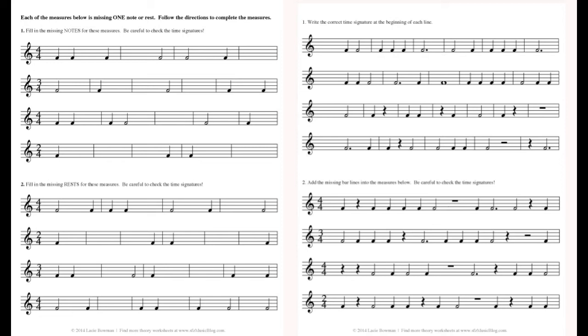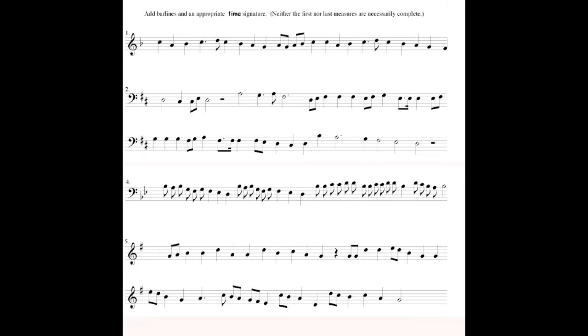On your manuscript pad, copy out and complete this worksheet.